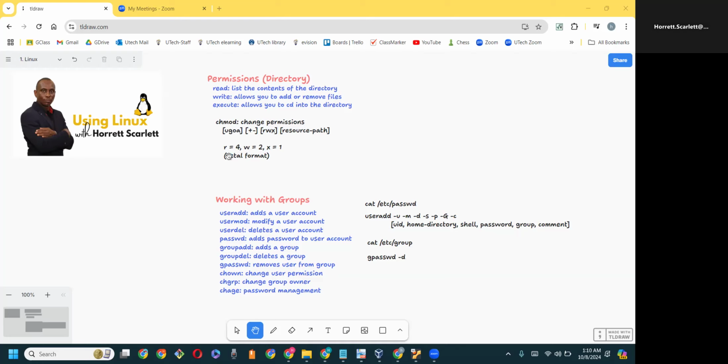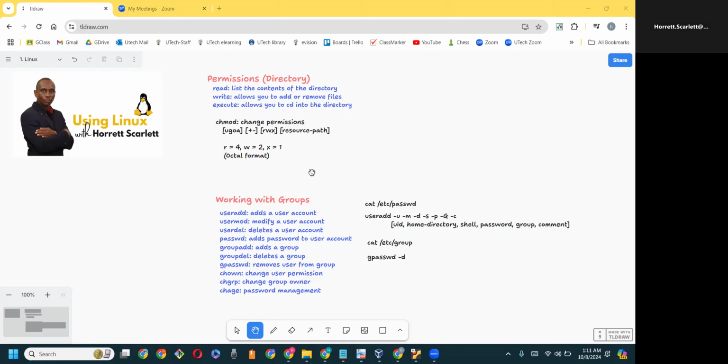Now, each bit has a distinct position where the first bit is going to be R, which represents read. The second bit is going to represent write. And the third bit is going to represent execute, or X. And that is if we are counting from left to right. If we're counting from right to left, then X is going to be the first bit, W is going to be the second bit, and R is going to be the third bit.